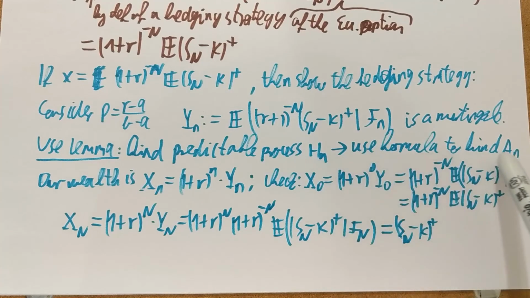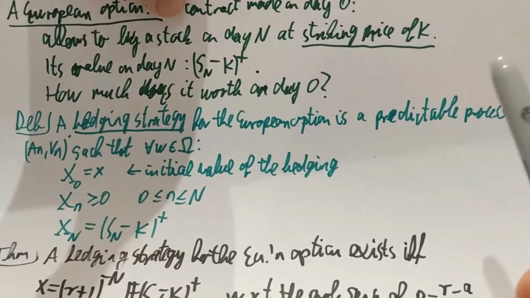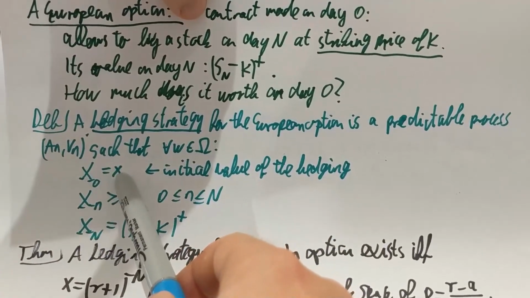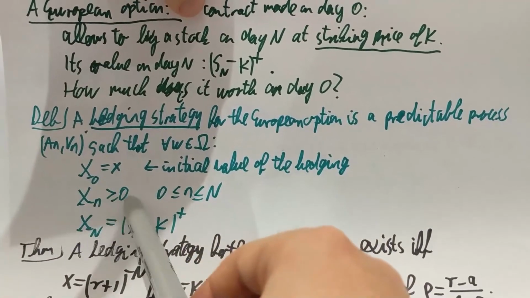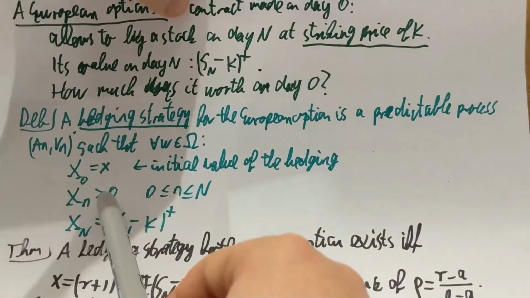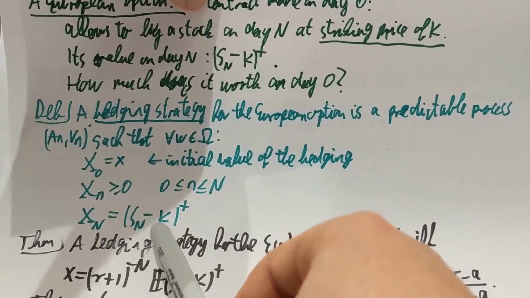From the predictable process we had a formula to find the hedging strategy An itself, which of course implies what Vn is, so it's really the An, Vn pair from here. And then we checked that what we found actually satisfies the definition of hedging strategy. It does go from the initial value that we need. It's non-negative, that's easy to check, nothing is negative here, and the terminal value is what it needs to be.